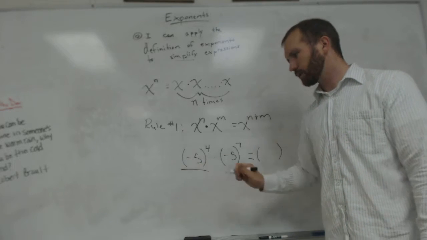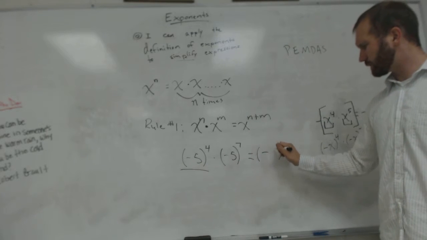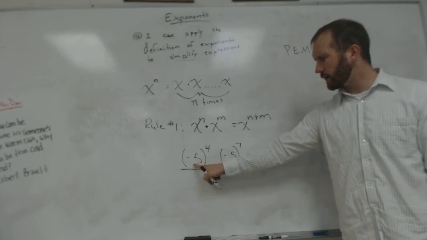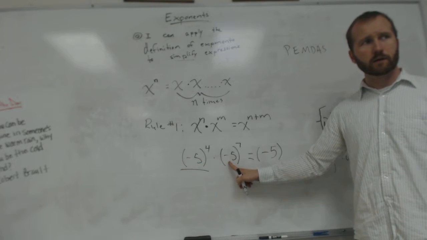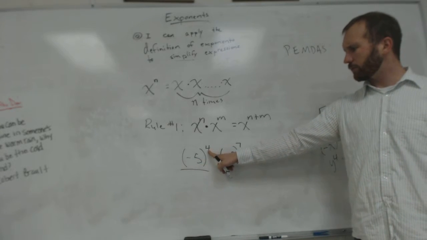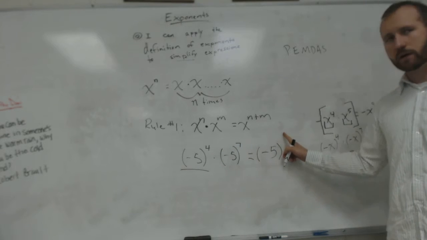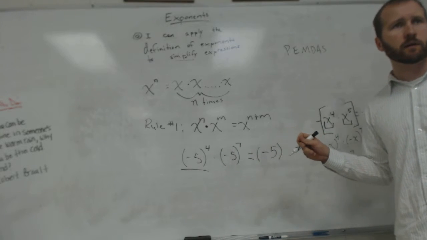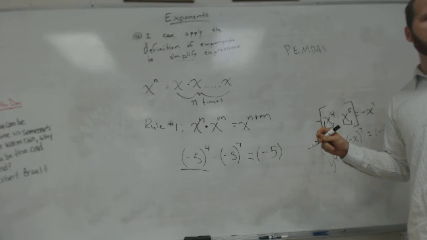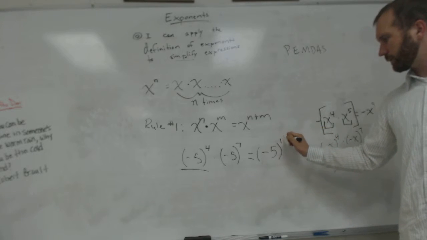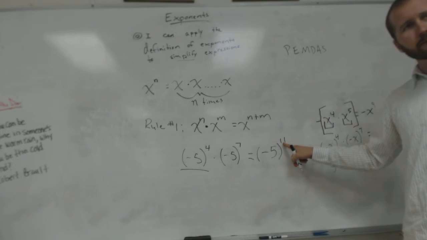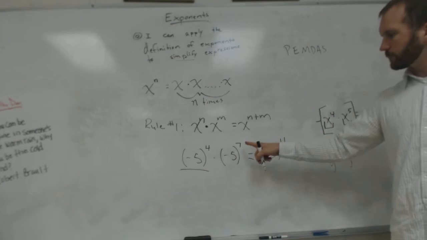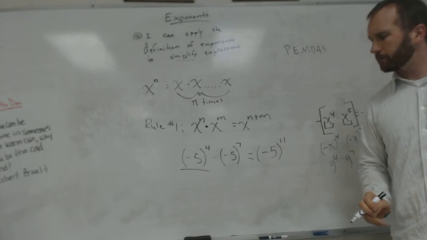Negative 5 in parentheses. I have the same base twice. It's raised to the fourth power here and the 7th power here, so what is my final exponent? 11. How did you get that? Adding, 4 plus 7.